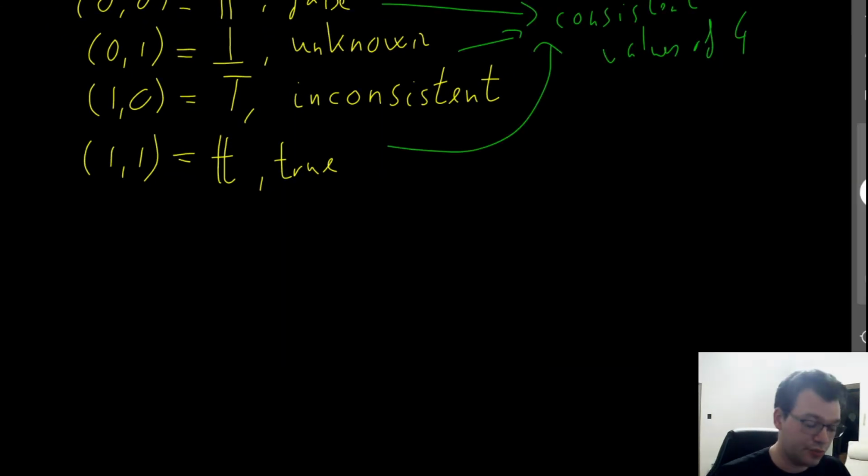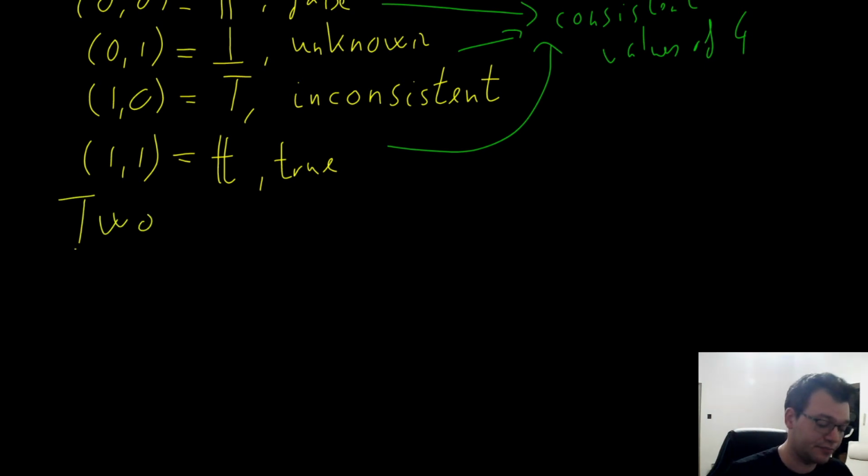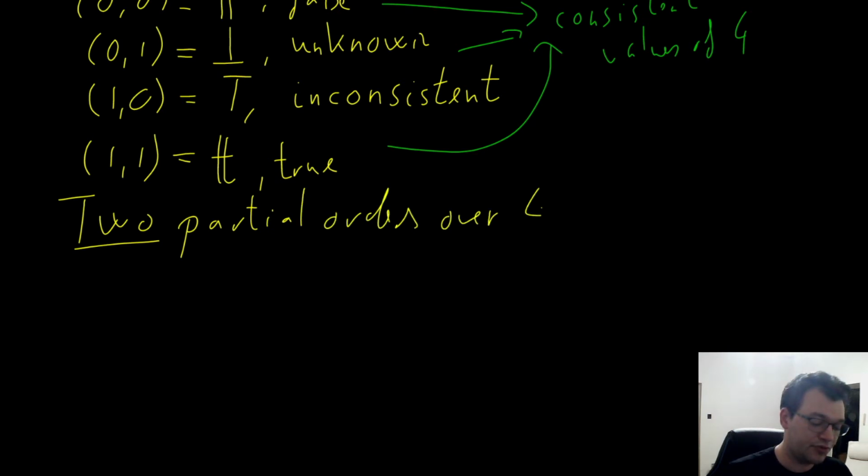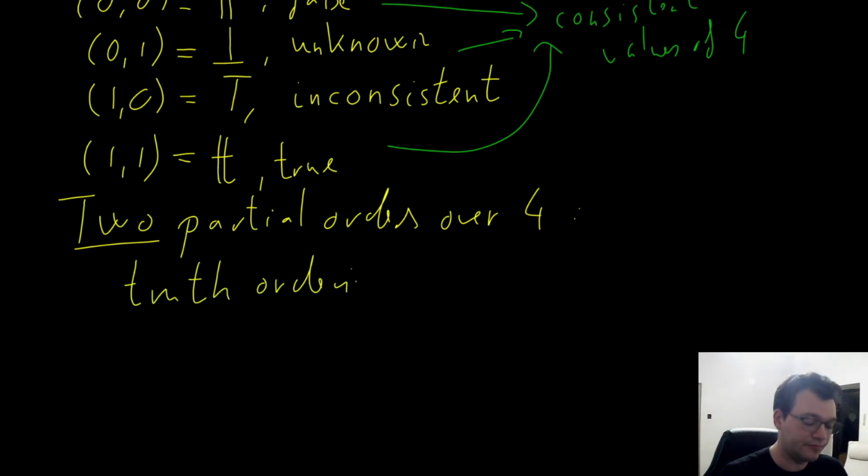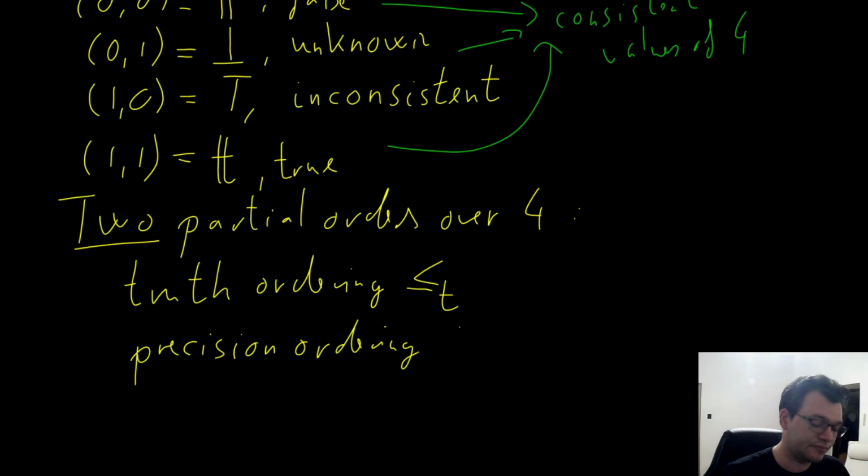So there will be 2 partial orders over the values of the 4-valued logic. There will be the truth ordering, which is usually denoted as less than or equal to with subscript t, and the other one is the precision ordering, with subscript p.